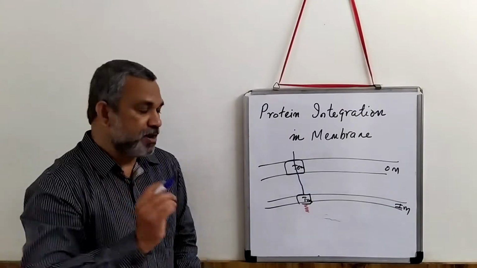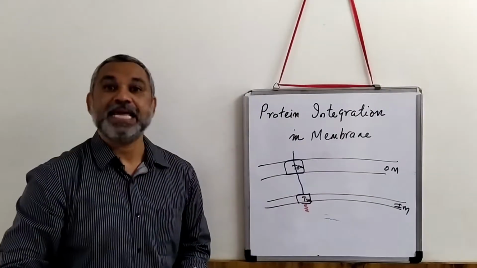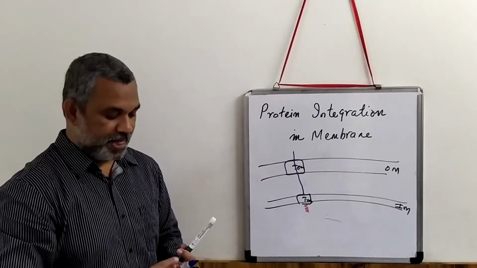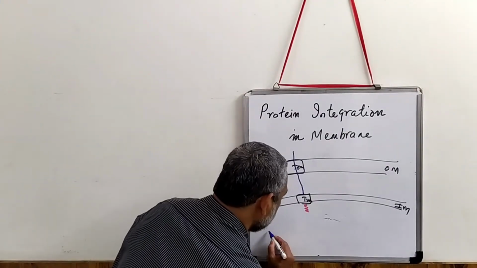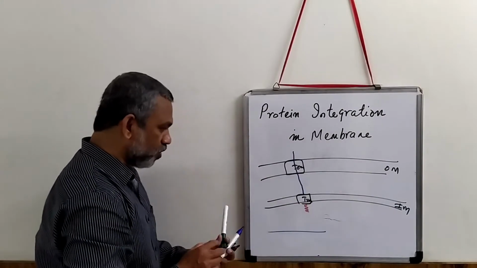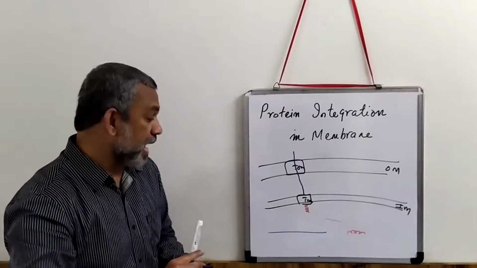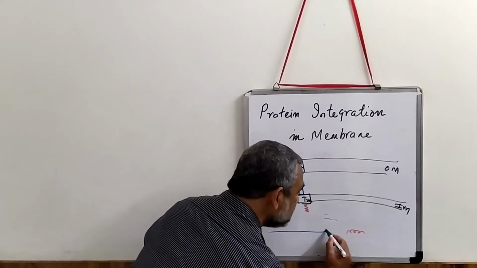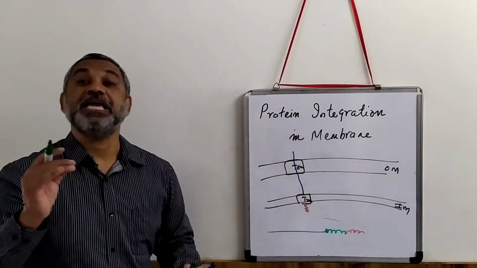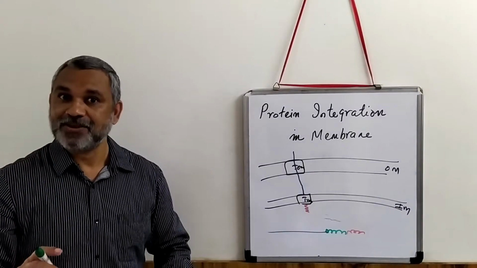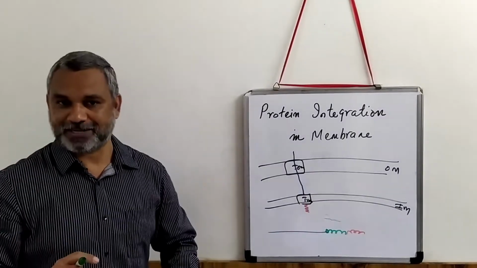Now this protein, which has to be incorporated in the inner membrane, will have one more signal. If this is the protein to be incorporated and this is the signal, it has an additional signal. That additional signal is hydrophobic in nature, and it says where the protein has to be incorporated.